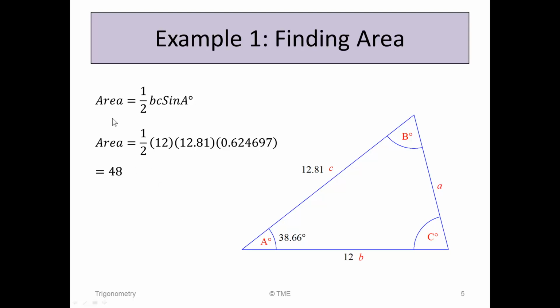So continuing now, using the formula half of BC sine A, the area is half of B, 12, C, 12.81, and sine of A we found to be 0.624697. Multiplying all of those across, we get the area of the triangle equal to 48.